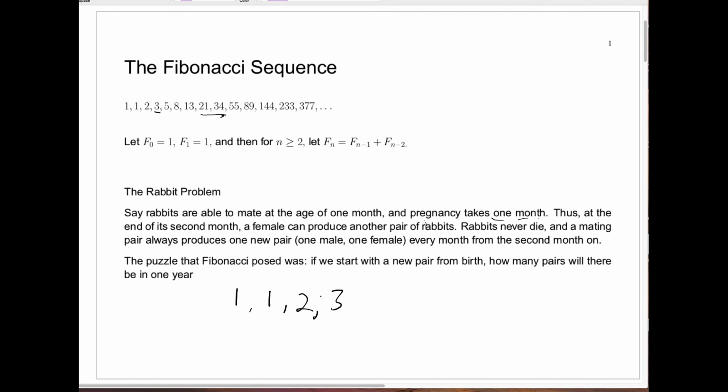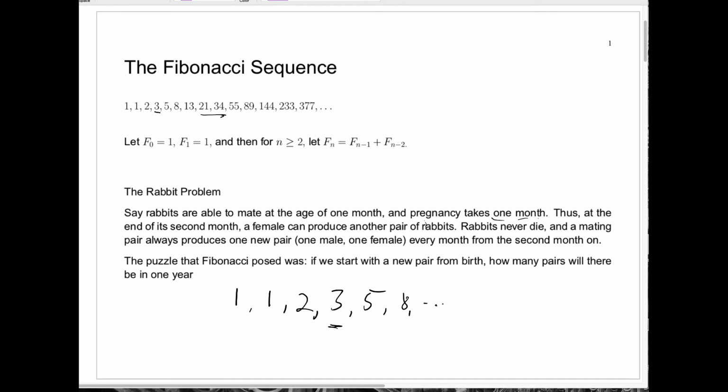But now 1 month later, we have the 2 pairs that we had previously, all of them except the ones that were just born in the last month. So I'll have 2 pairs to add to those 3, which gives us 5. And the pattern continues like that. The next month, we'll have all 3 of the pairs ready to give birth, plus the 5 pairs we had this month, so we have a total of 8.